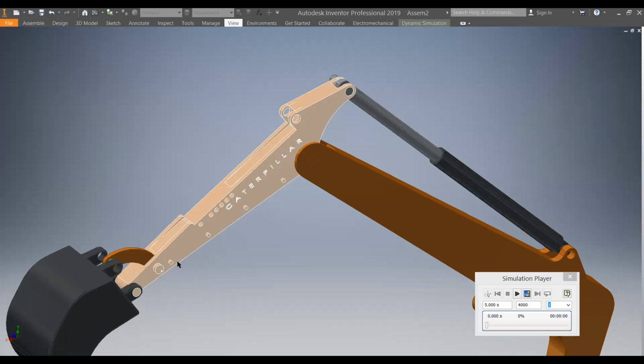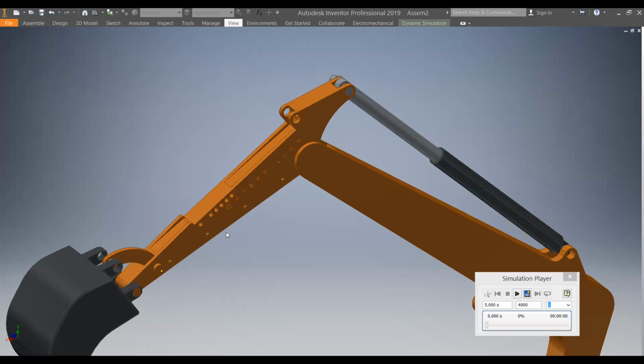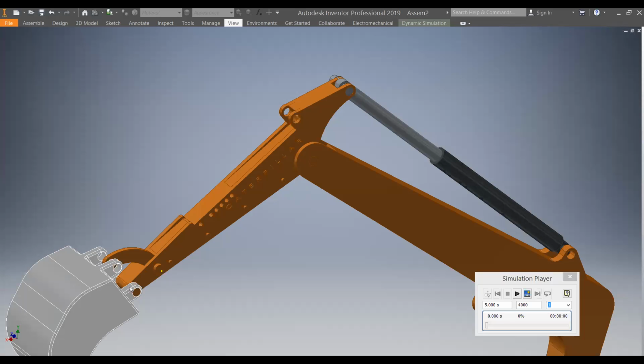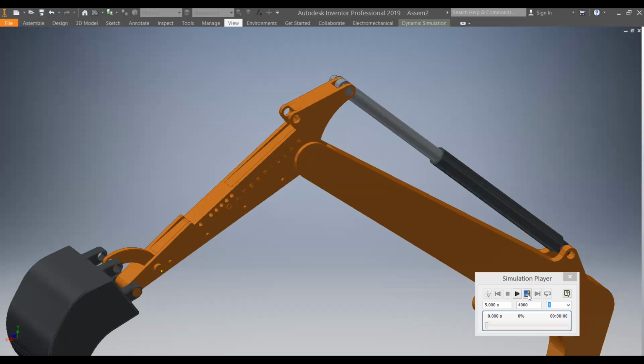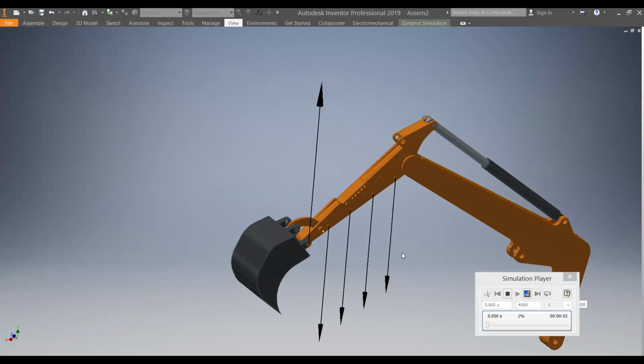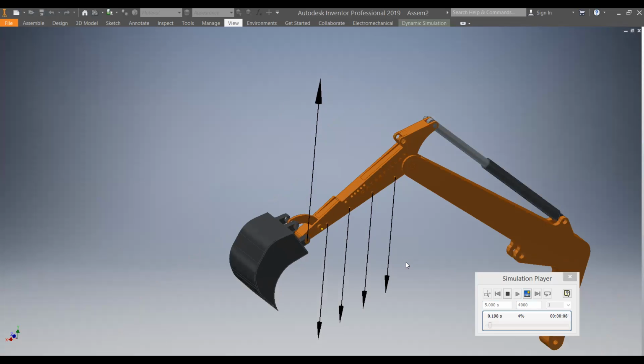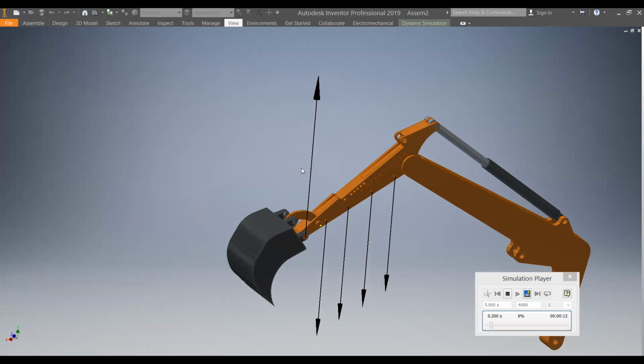So in this simulation, the forces F, F, F, and F act at 4 different points, and the cable tension will act at this point, that is the end point of this arm. So you can see these 4 forces, and you can see the upward movement.